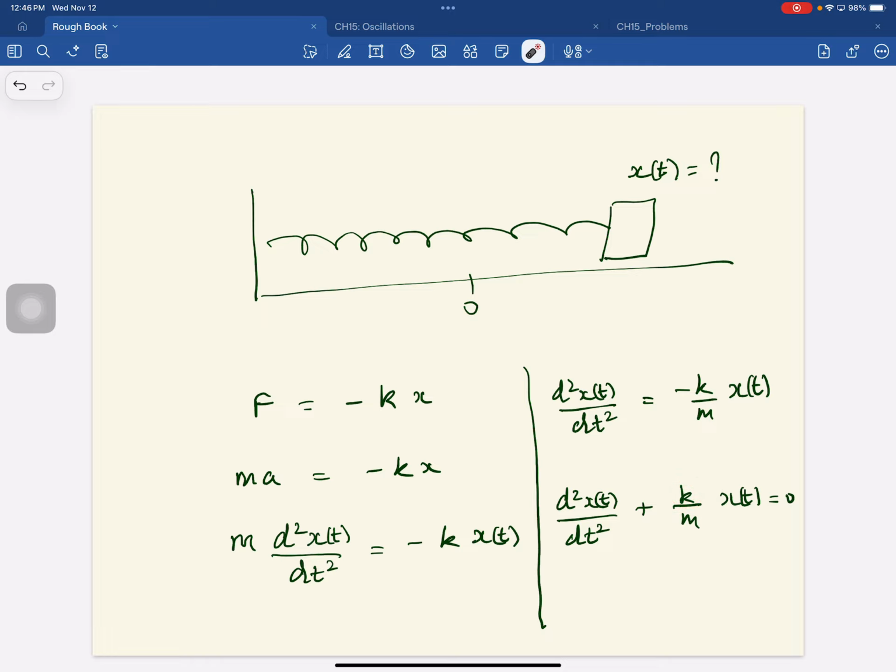Okay. What values can it take? Can it take negative values? No. It can only take positive values. Okay. What is this? That's the mass. Can that take negative values? No. Okay, so this guy is always positive.